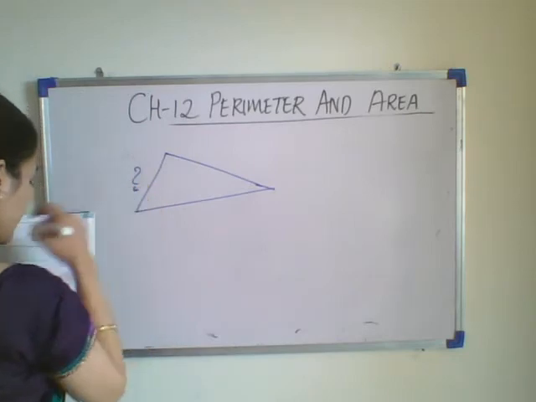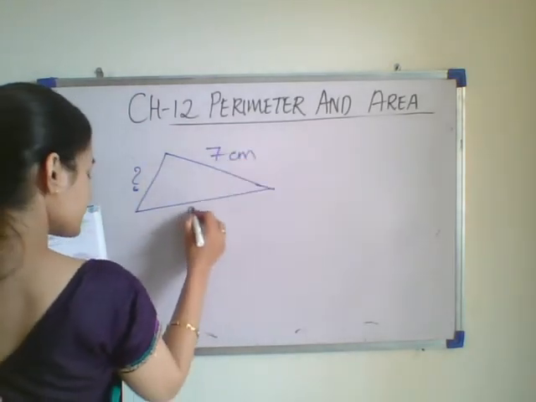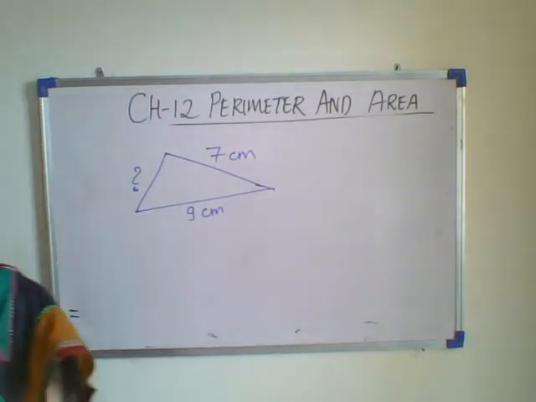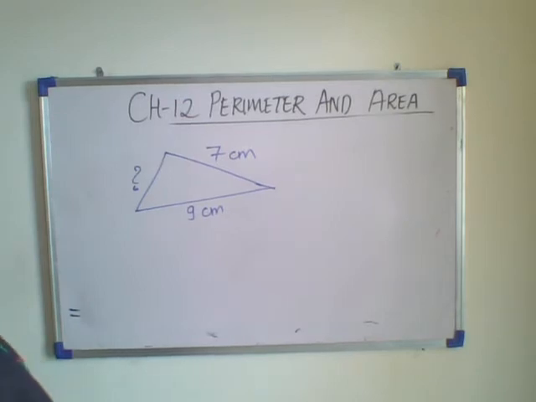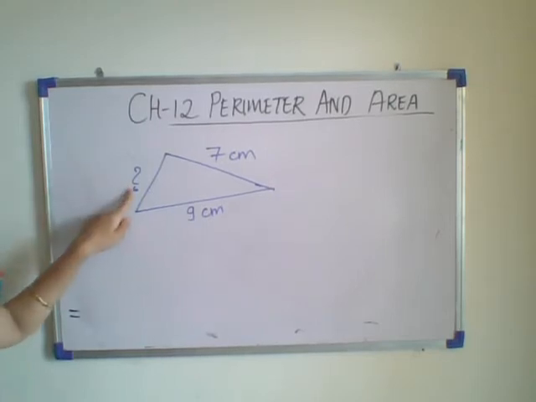This side we have to find out. This side is given in the question, it is 7 centimeter and here it is 9 centimeter. So let us read this question. Find the missing length of the given triangle. This is the missing length. We have to find the missing length of the given triangle if its perimeter is given.